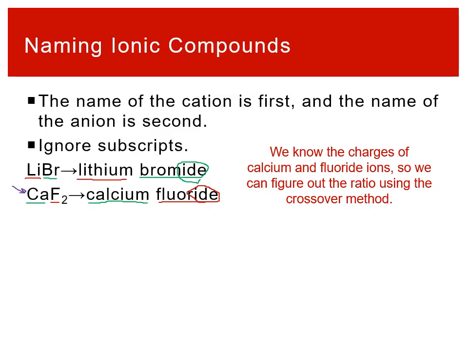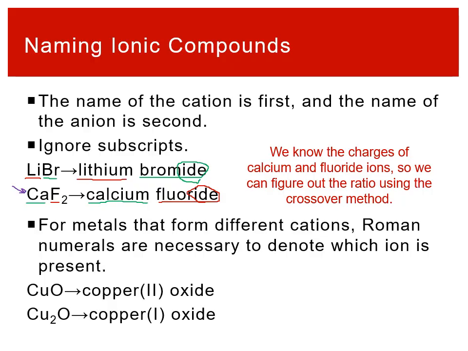Then you can look at the periodic table, figure out its charge, look up fluorine, figure out its charge, and use the crossover method, all the stuff we talked about previously, to come up with the formula from this name. In determining the formula of an ionic compound, all you need to know are the ions involved. Then you can use the crossover method like we did previously to come up with the formula.